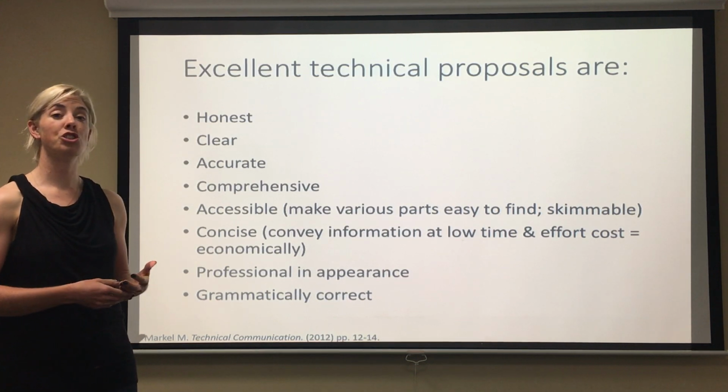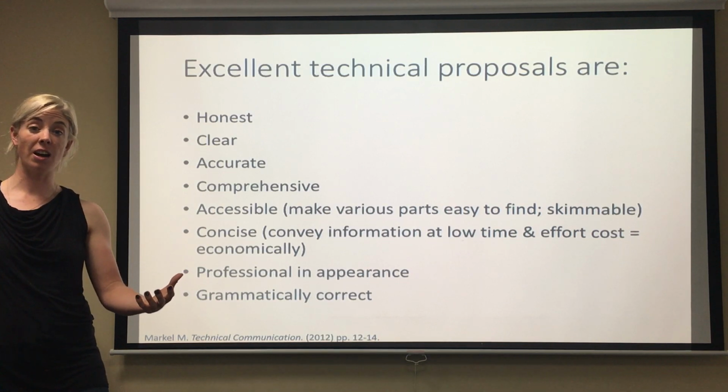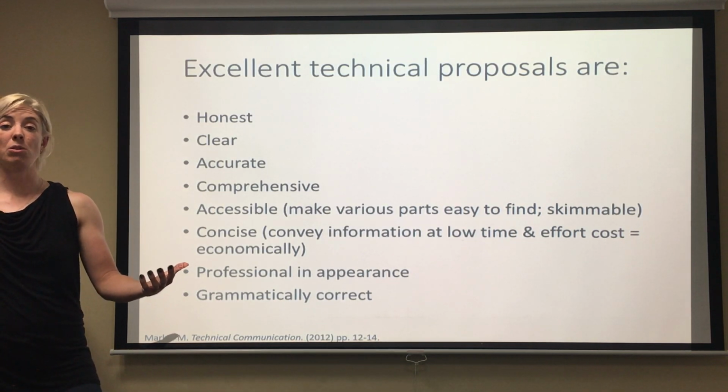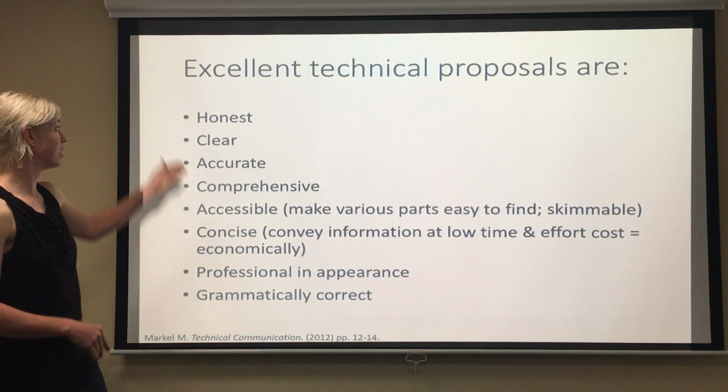You can imagine a civil engineer who boasts about the structural integrity of a design when it actually fails to meet certain regulations. That has huge legal ramifications, right? So we need to be very honest.